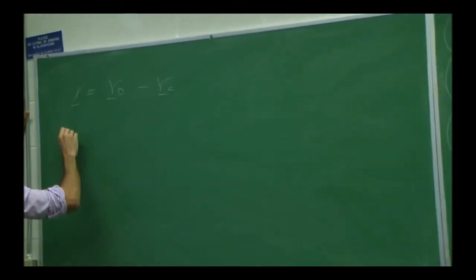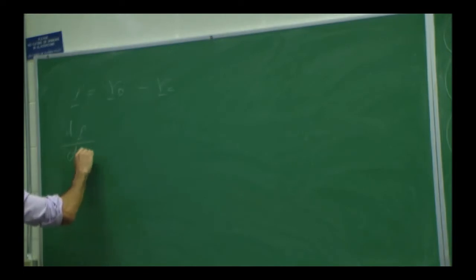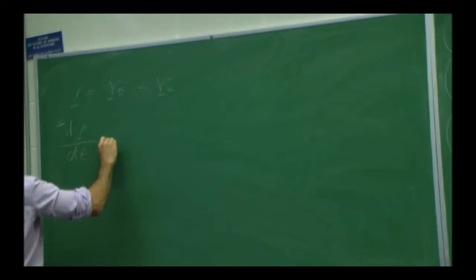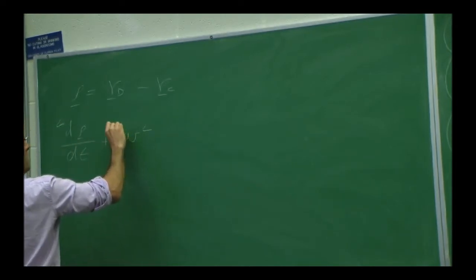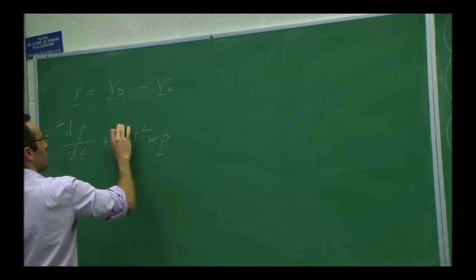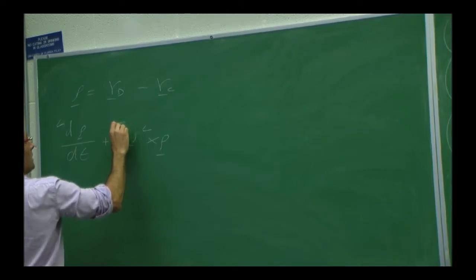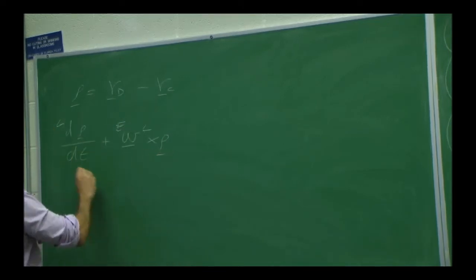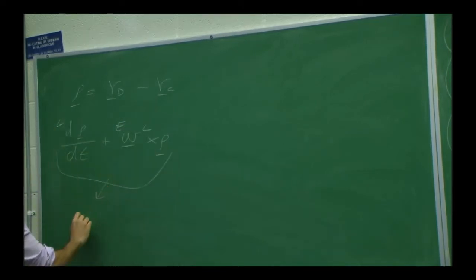I can write this: the rate of change of rho with respect to t in LVLH plus the angular velocity of LVLH with respect to ECI cross with rho itself, right? This is the transport theorem. These two pieces together give you how rho is changing with respect to the inertial observer. Remember? ECI, transport theorem, nothing special.